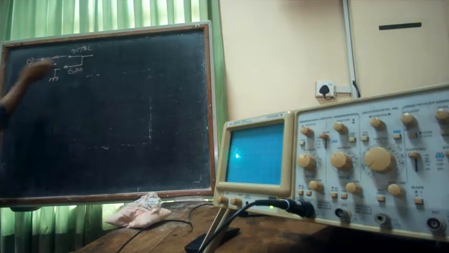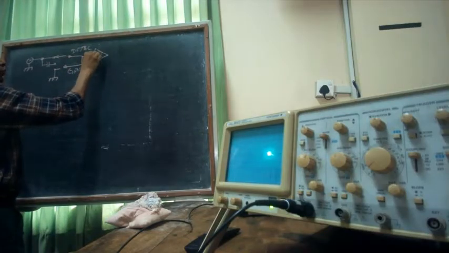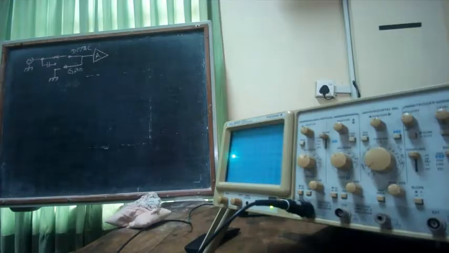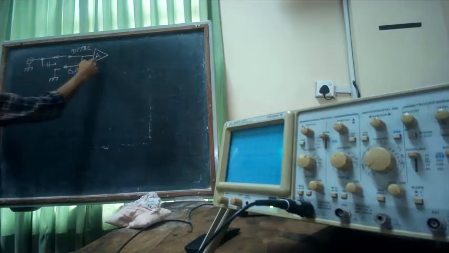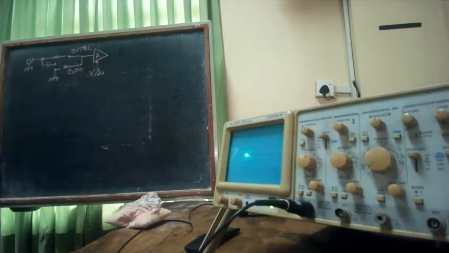Okay. So you see these things here, and then you have this gain controller. This A is controlled by the volts per division setting, right?